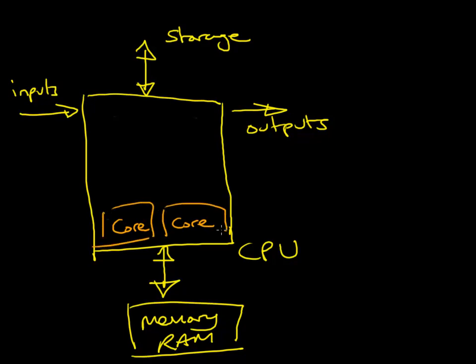So this is a dual core, 2-core processor, and then sitting above that you're going to have your cache sitting there. And so that's all that's happening when you have more cores on your processor, and all of that will be on the same chip, and that will be part of the CPU. So if you had a quad core, 4 cores, there'd be 4 cores sitting down here, a cache above, and that would make up your CPU.